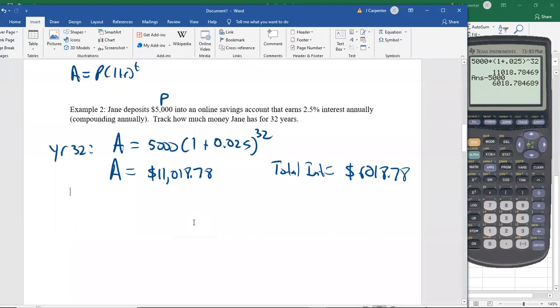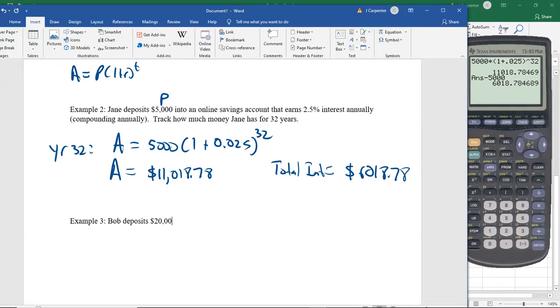All right, let's try another one. Back to Bob. Bob deposits, no, let's not do 50,000. That's too much.